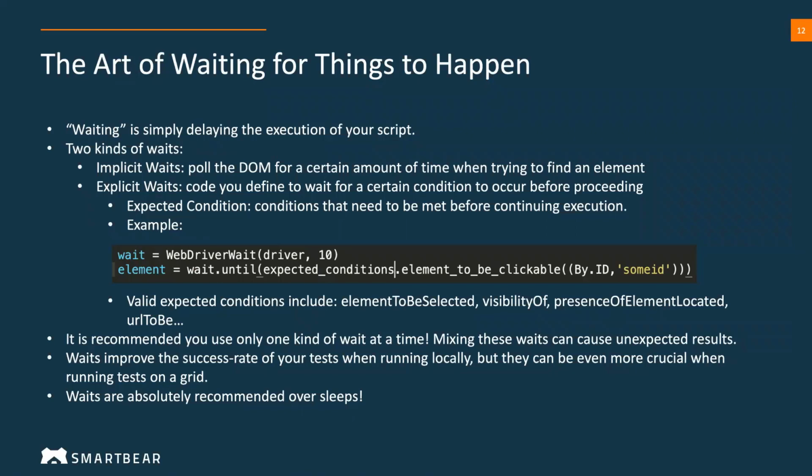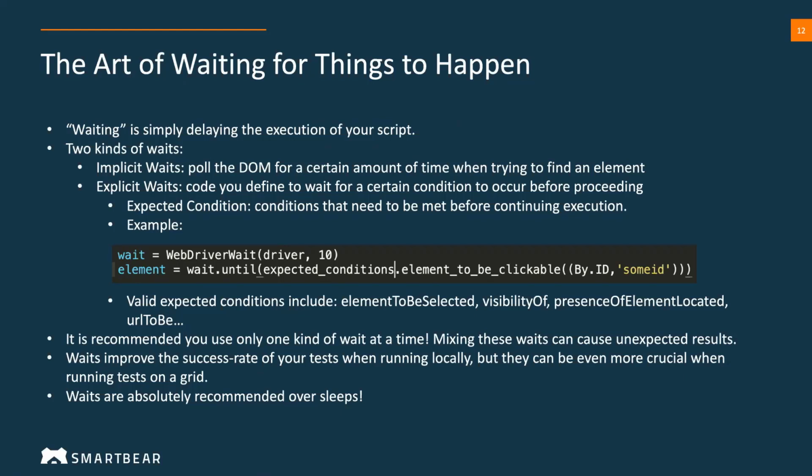Waiting is having your automated test execution stop for a certain period of time before continuing to the next step. Now, already it's not necessarily time. It's really generally trying to wait for a specific condition to be true. And Selenium does a really great job of this. It provides two different kinds of waits. So we'll start with implicit waits. They poll the DOM for a certain amount of time, waiting to try and find an element.